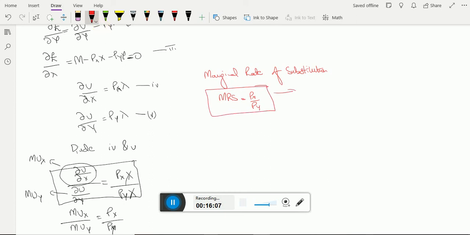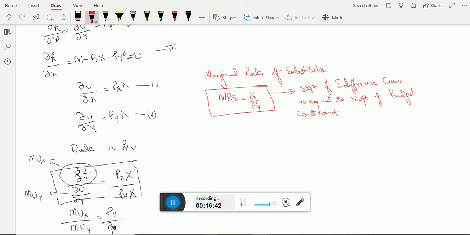And also, what does it mean? It means that the slope of the indifference curve is equal to the slope of the budget constraint. As I initially told you, a rational consumer will always want to maximize his utility subject to the budget constraint.